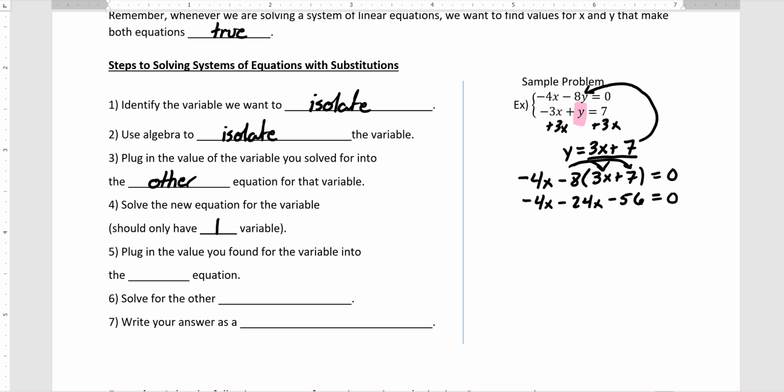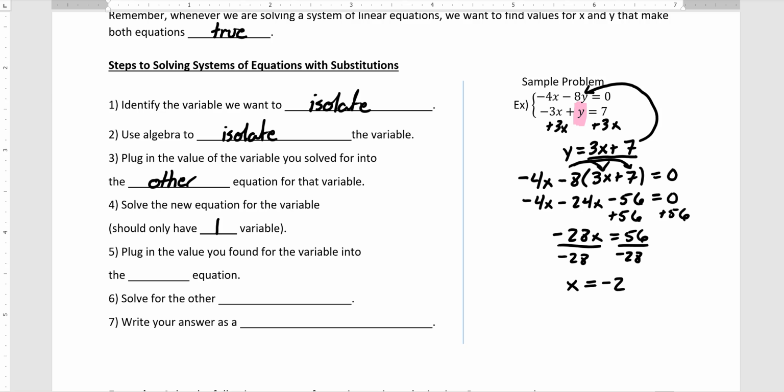I combine my like terms and add 56 to both sides. When I do that, I would get negative 28x equals 56. Divide by negative 28. 56 divided by negative 28 is negative 2. So I found x equals negative 2.